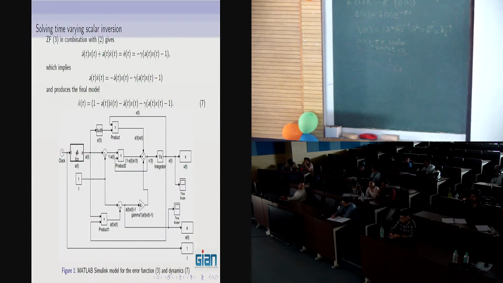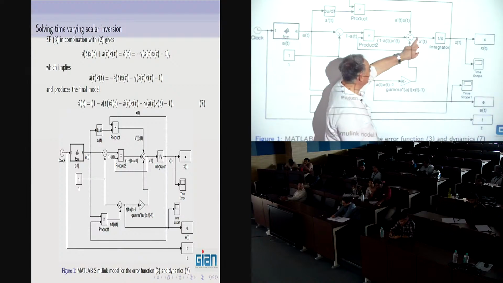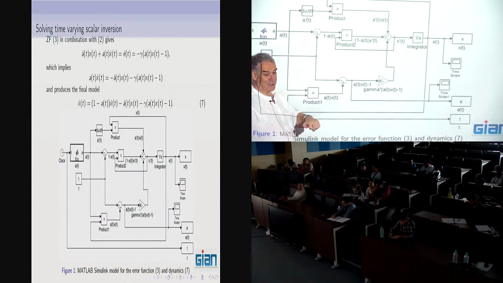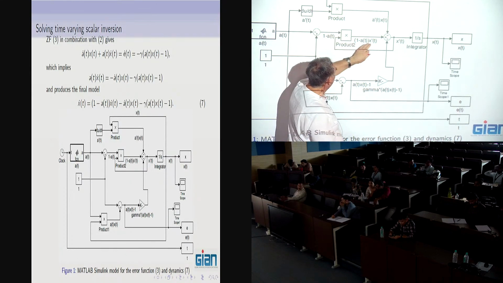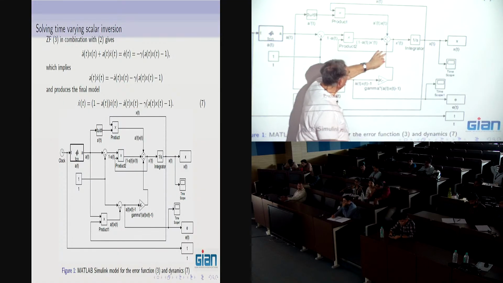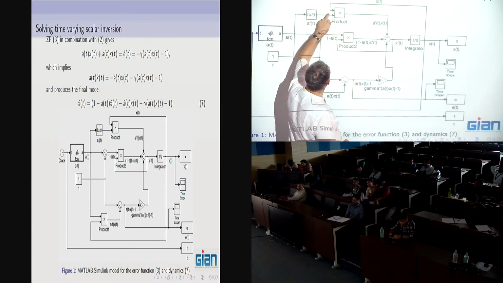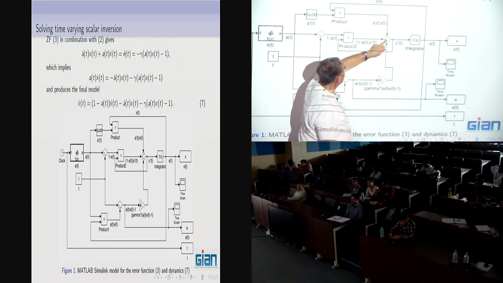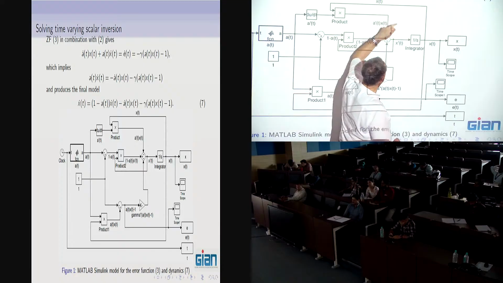x dot. We must use x dot before the integrator, because x dot is defined by x dot. 1 minus A of t. After that, we need x dot. X dot is here before the integrator, and it is with plus. Then we have two other terms with minus.